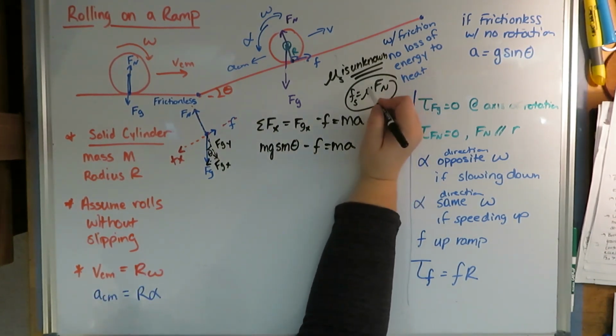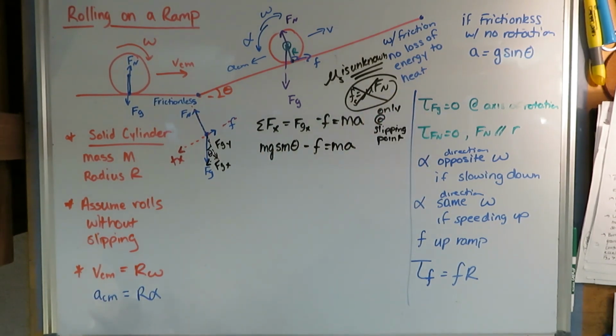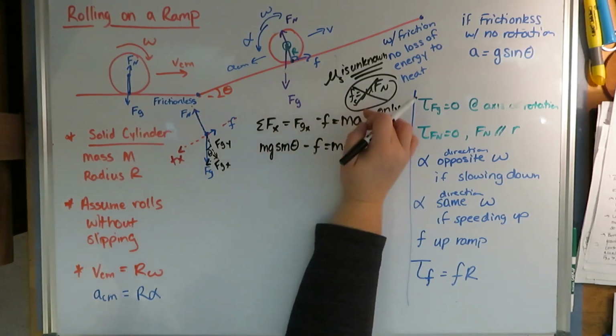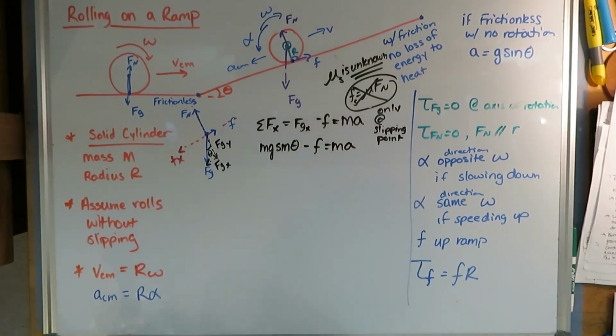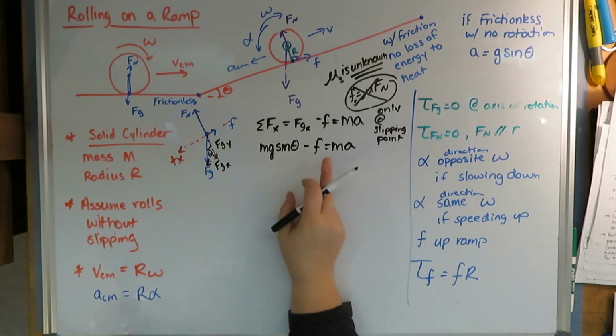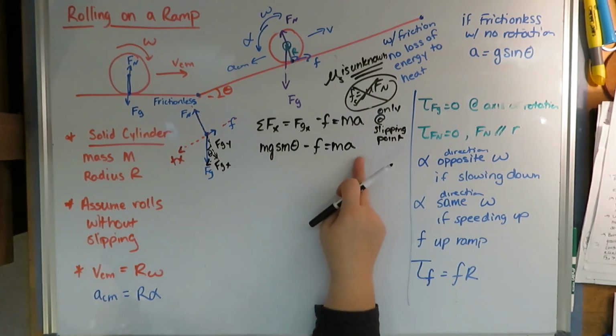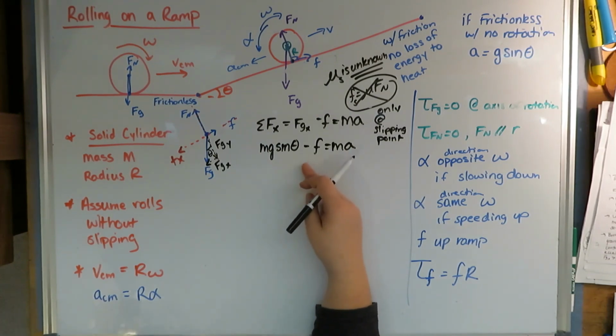So therefore, this equation doesn't hold. So we can't find the coefficient unless you're actually at that point. Unless I tell you that you were at the slipping point, you cannot find that coefficient of static friction. Which means I need to find another way to find this friction force because I need to find acceleration. That's my goal. This friction force is a huge unknown.